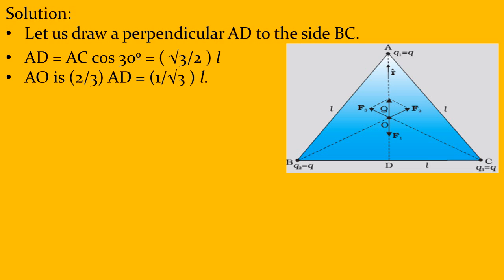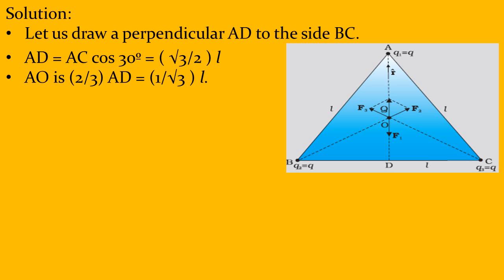Now AO. What is AO? O is the intersection of the perpendicular bisectors. Like there's a perpendicular we have drawn from A to D. Similarly, I can draw perpendicular from B to the opposite side and C to the opposite side.